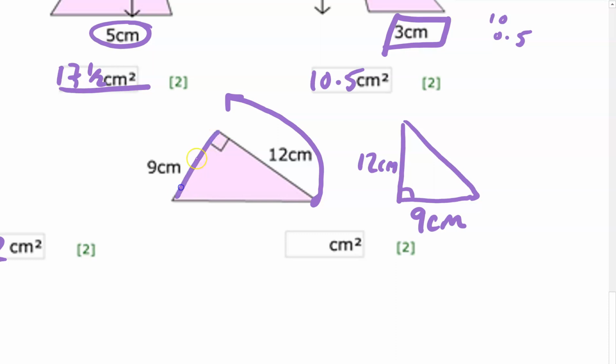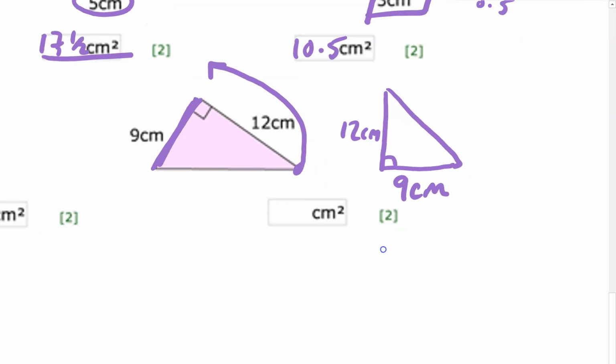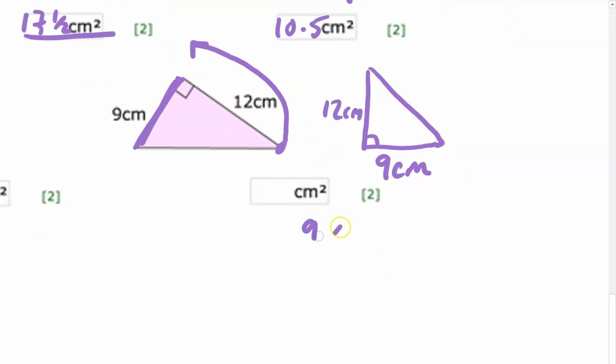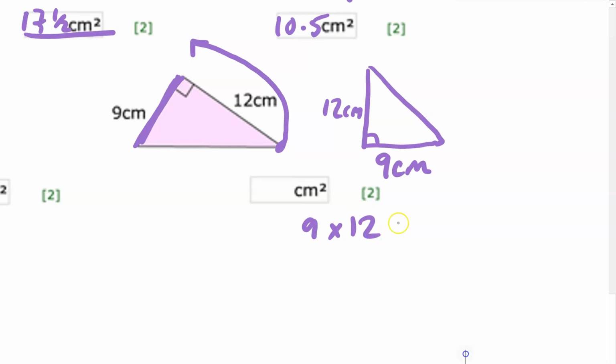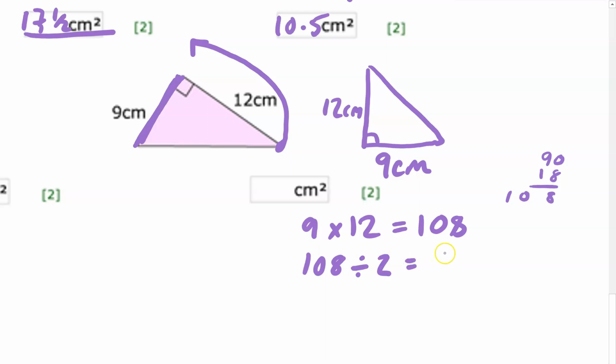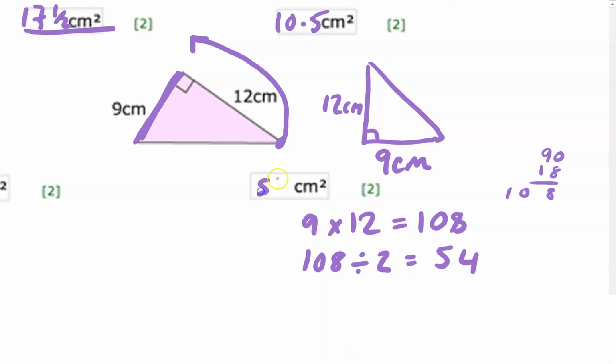Okay, so this line is now like sitting on the table. So now I can say it's 9 centimetres wide times 12 centimetres tall. So that's 9 tens are 90, 2 nines are 18, so that is 108. Don't know why I wrote it so spaced out. But it's a triangle, so I half it, which is 54. So just watch out for those ones that have been tipped over. They're there to try and trick you.